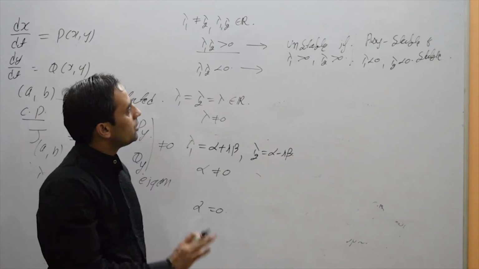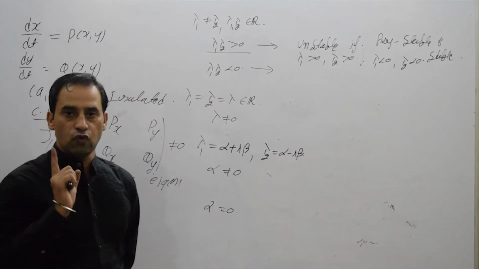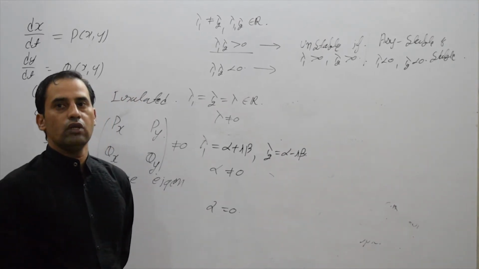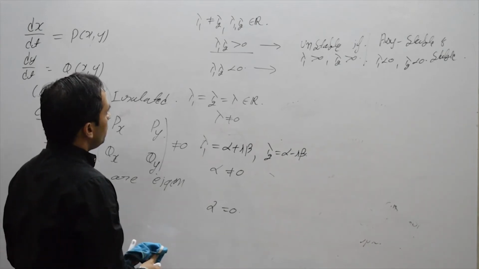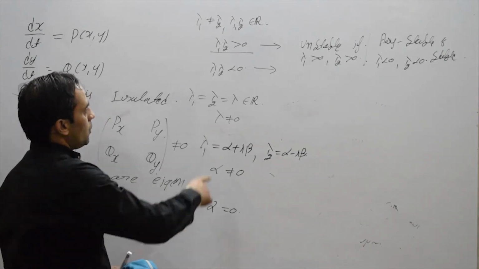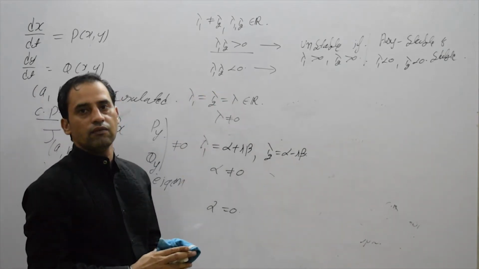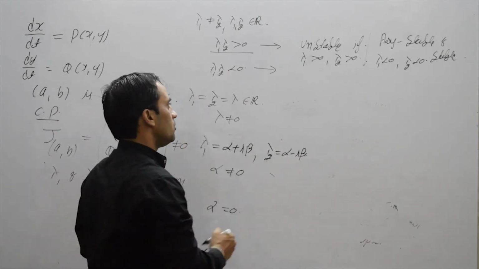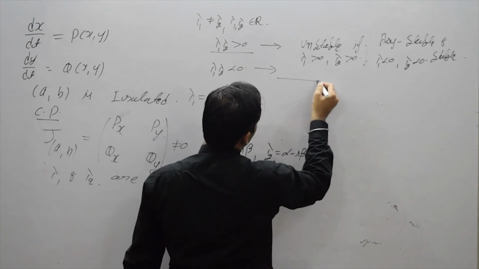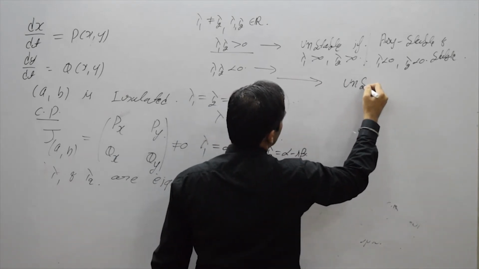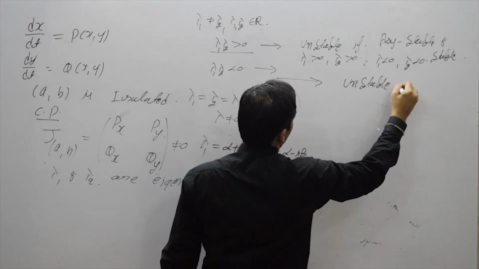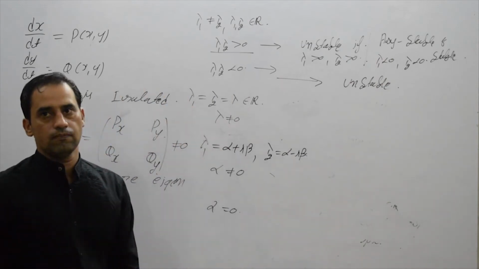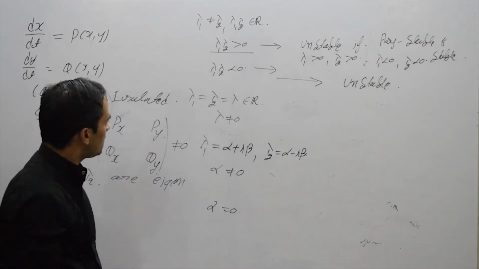This is the classification for both linear and non-linear systems. Next, whenever the product of roots is negative, definitely one root is less than 0 and the other root must be greater than 0. In this case, the critical point is always unstable for both systems.